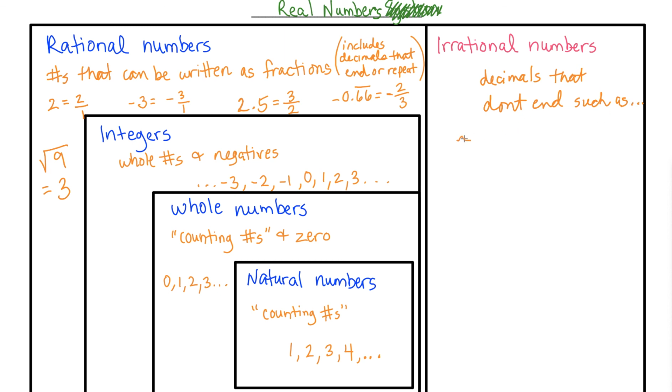pi. Pi, because that's 3.14 and then it keeps going. It never ends. The square root of a non-perfect square. So the square root of 7, for instance.